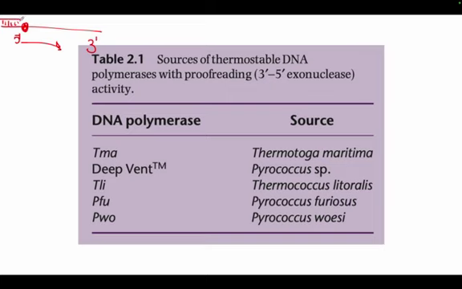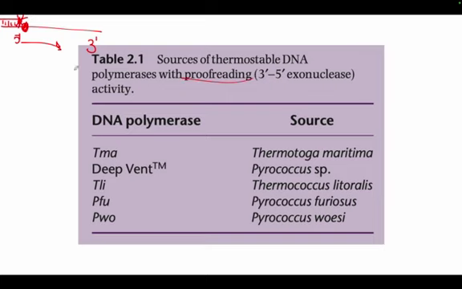But what if we've accidentally incorporated the wrong base over here? So some DNA polymerases have the ability to recognize that this is a misincorporated base, get rid of it, and then reincorporate the correct base. So it can recognize that it has made a mistake and correct it, and this is called proofreading activity.